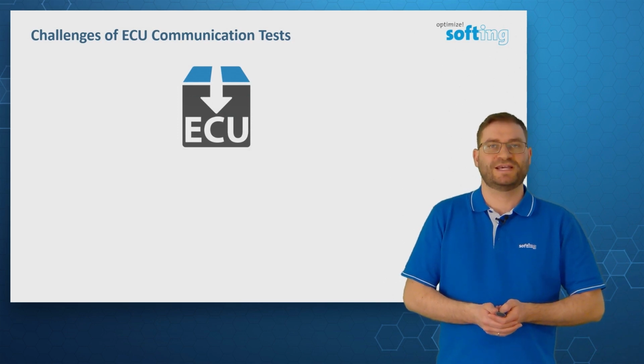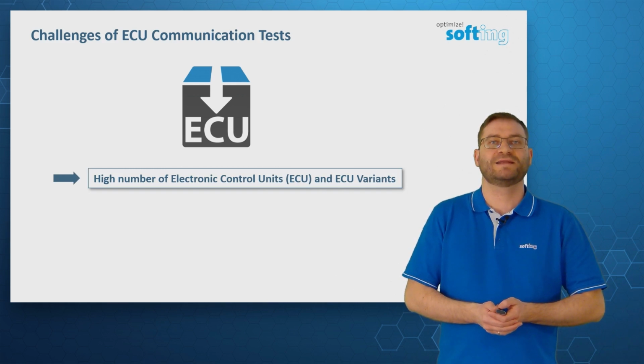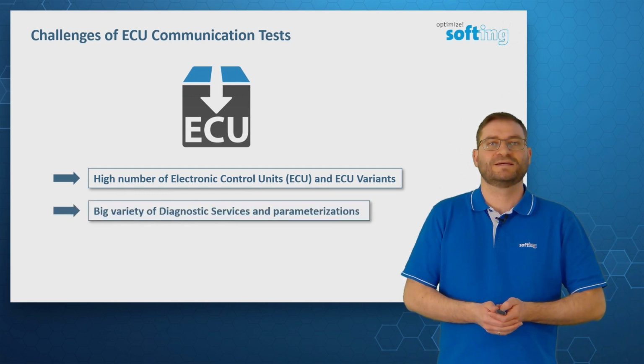ECU communication tests can be challenging. One of the reasons is the high number of electronic control units and ECU variants. A single ECU includes a big variety of diagnostic services and parameterizations.